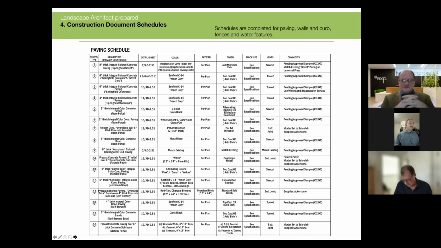An important element of construction documentation is the schedule. This particular schedule shows the typical amount of detail we specify for every paving type used on the project. For example, under comments, we will include references to any samples or special notes.